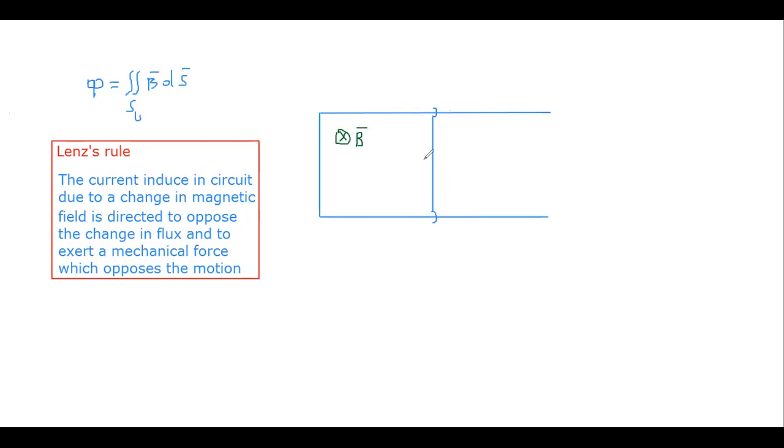So the frame and this stick are parts of a closed circuit, and this stick moves to the right with velocity v.